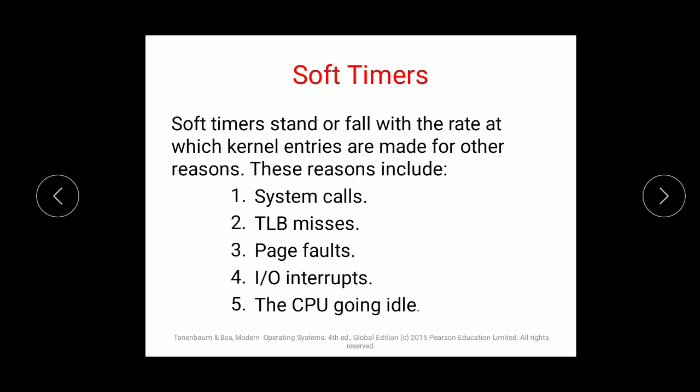Then what are soft timers? Soft timers are apart from the main system clock. Many machines have a second programmable clock, which is application programmable, and this second timer is used for application-specific purposes.